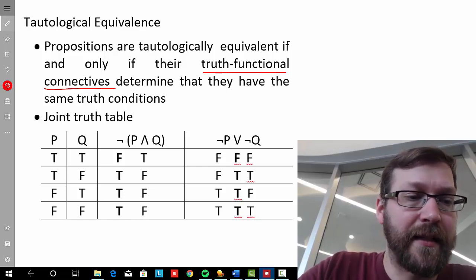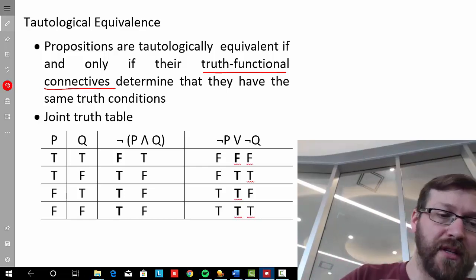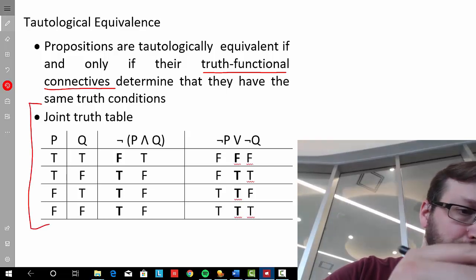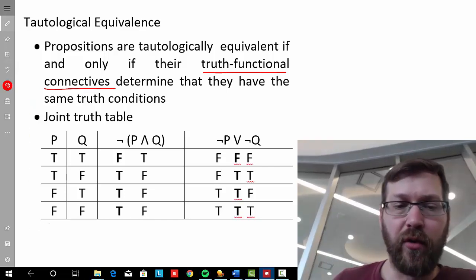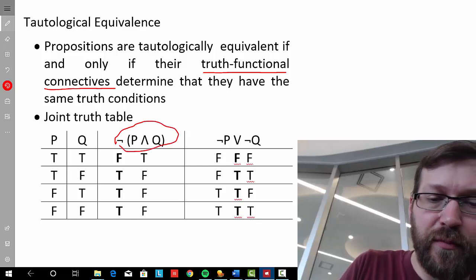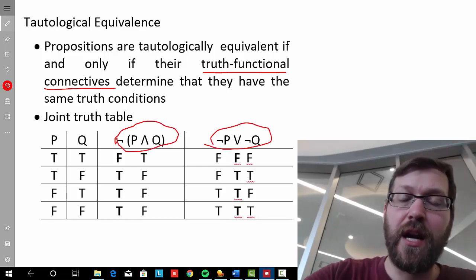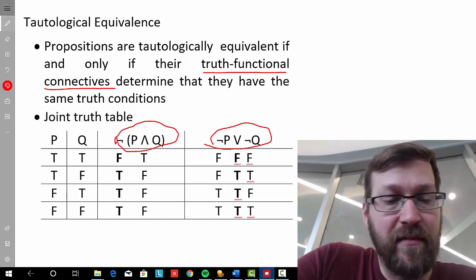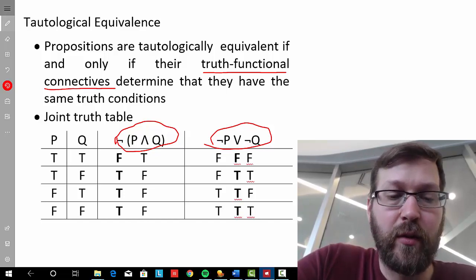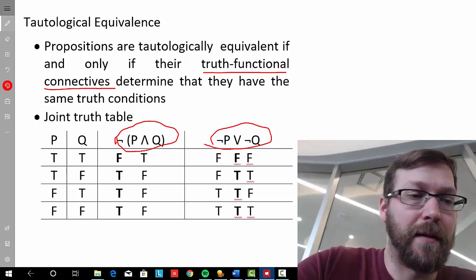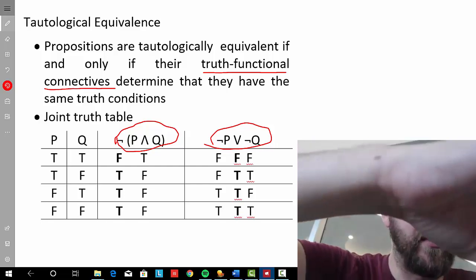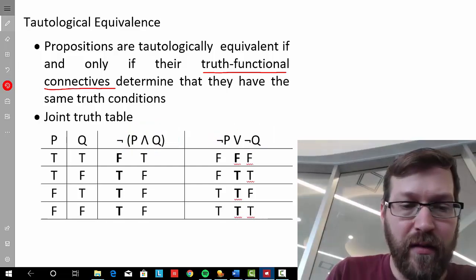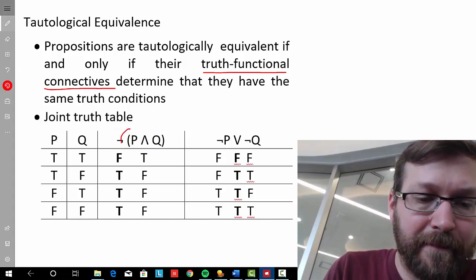So if we take a look at this joint truth table here, we'll notice that we have these two propositions. And if you recall De Morgan's law, you'll be able to see that these are going to be logically equivalent because they're just an instance of De Morgan's law. Right, so what do I mean by that?